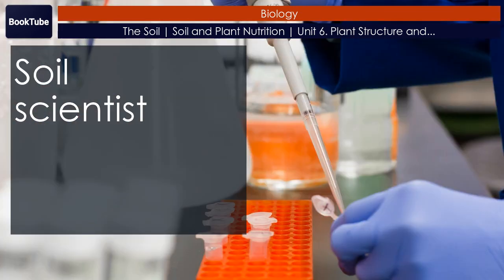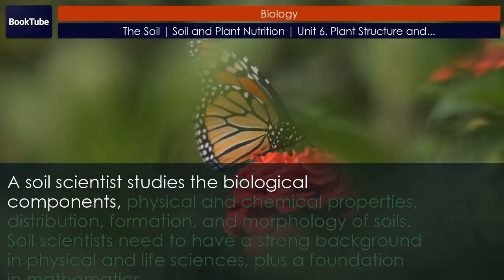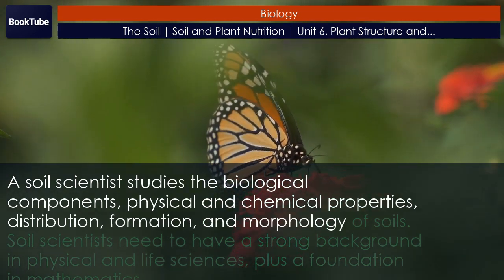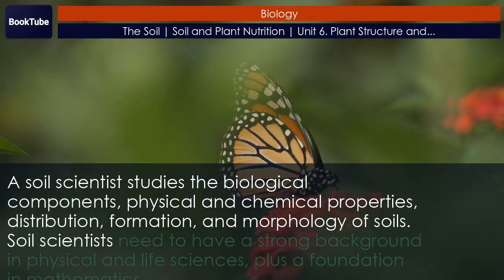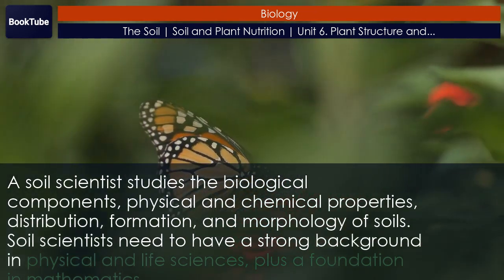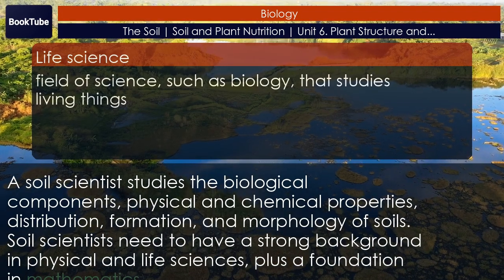Soil scientist. A soil scientist studies the biological components, physical and chemical properties, distribution, formation, and morphology of soils. Soil scientists need to have a strong background in physical and life sciences, plus a foundation in mathematics.